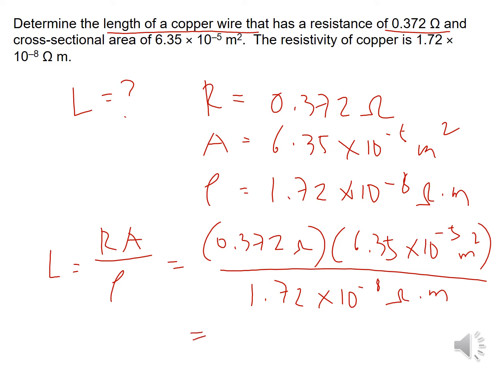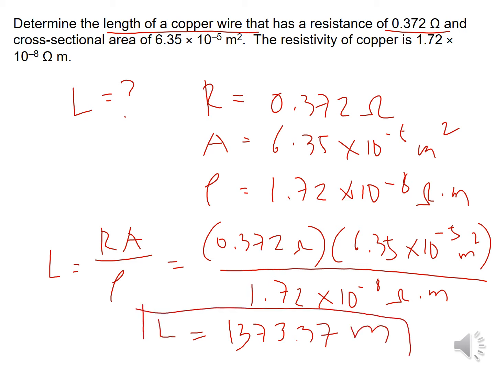So this is equal to 1373.37 meters. So the length of the copper wire is 1373.37 meters.